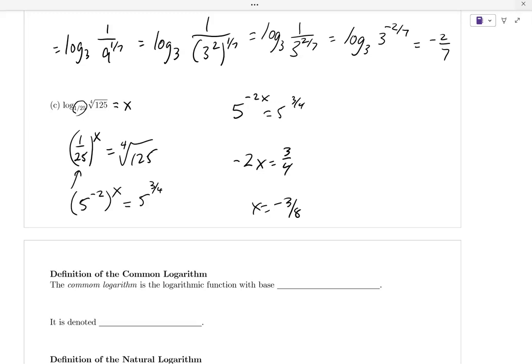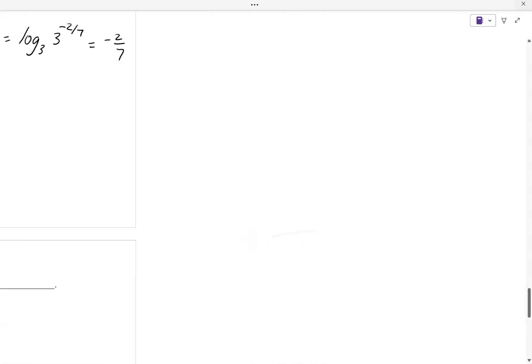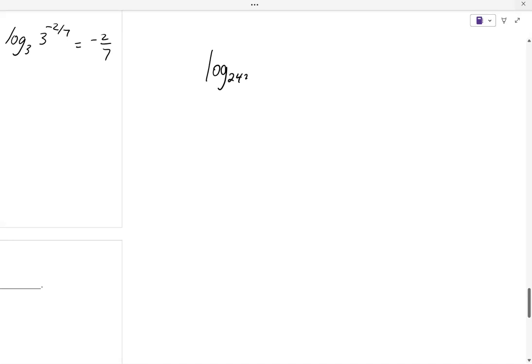I feel like we should do another one of those. I can make one up. Let's say I want to do log base 243 of the 10th root of 1 over 27.